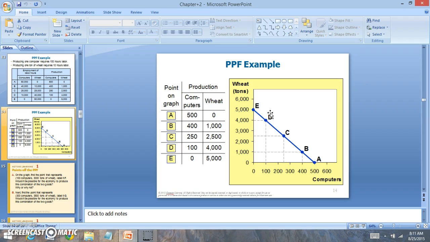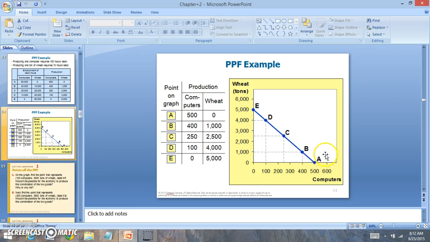If they put all of their resources into computers, they can only produce 500 computers. This is their maximum production of both wheat and computers. Anything inside this curve they can obtain, but they're not utilizing their resources efficiently. Anything outside this curve they're not able to obtain because they don't have enough resources.